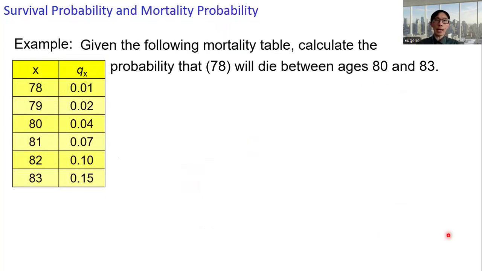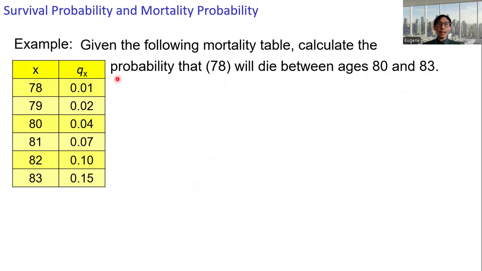All right, the next example, you are now given a mortality table. The x is the age, and qx, the mortality probability. So we would like to calculate the probability that a person aged 78 will die between ages 80 and 83.